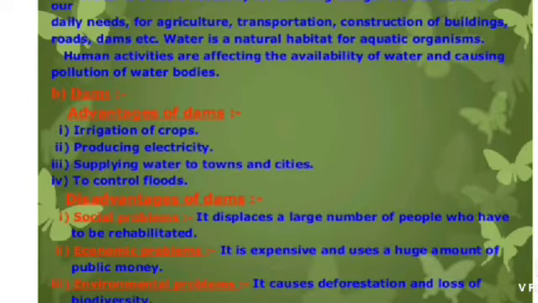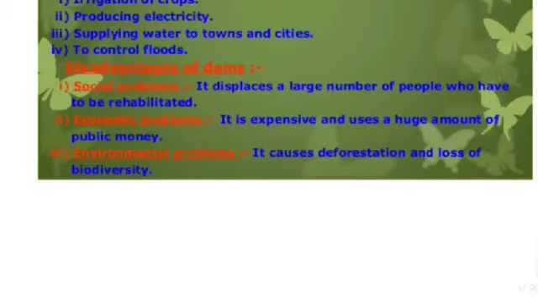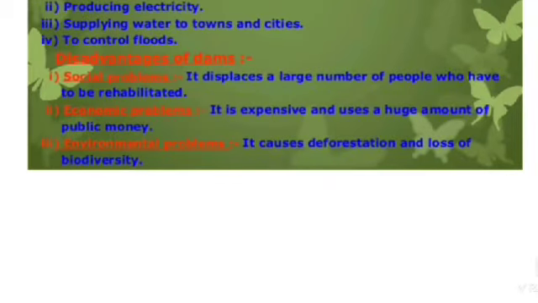Dams. Advantages of dams: irrigation of crops, producing electricity, supplying water to towns and cities, controlling floods. Disadvantages of dams. Social problems: it displaces a large number of people who have to be rehabilitated.